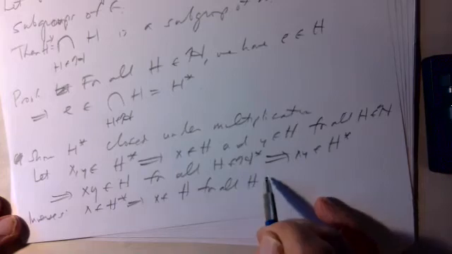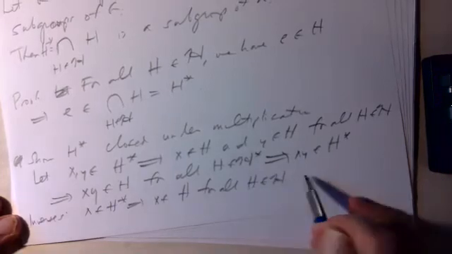And what about inverses? If X is in H star, then X is in H for every one of these subgroups, which means X inverse is in H for all these subgroups, which means X inverse is in H star. And that's the end of the proof.